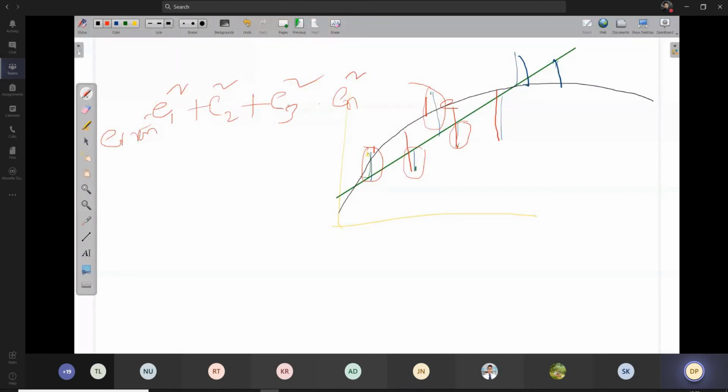Now which line is to be chosen? Can you tell me? Which line should I choose as a perfect representation of all these points?